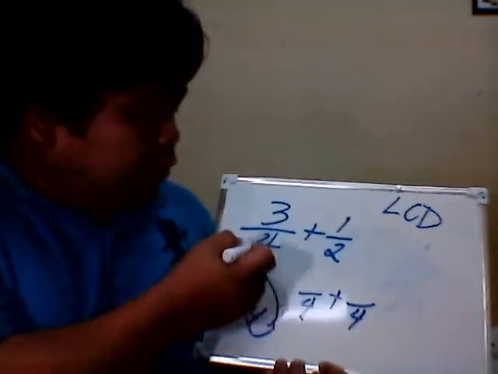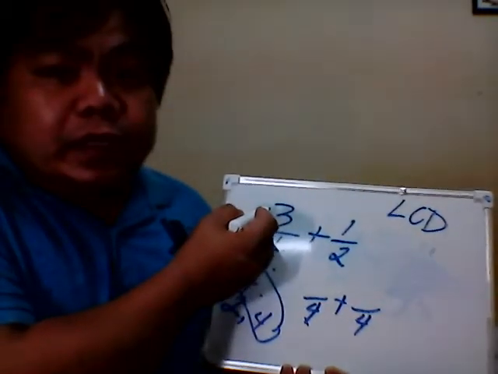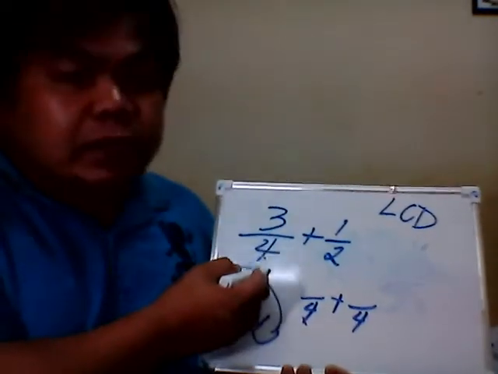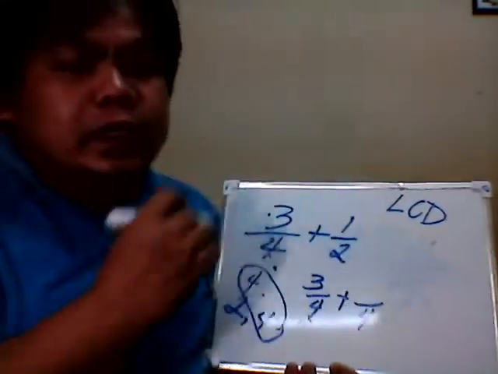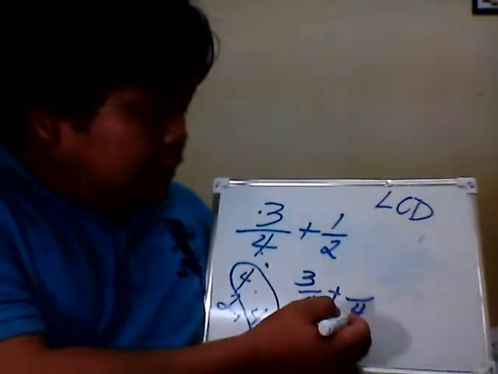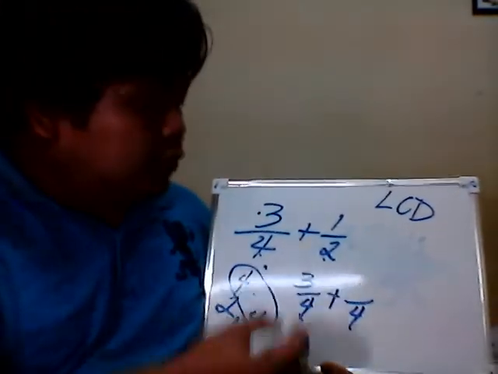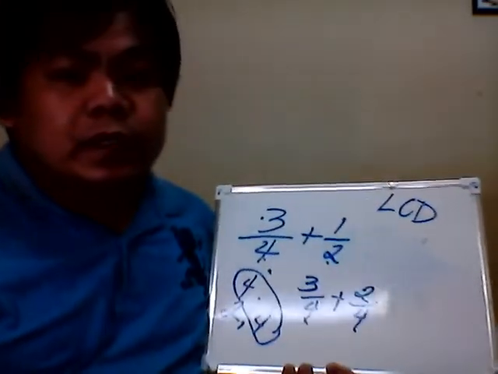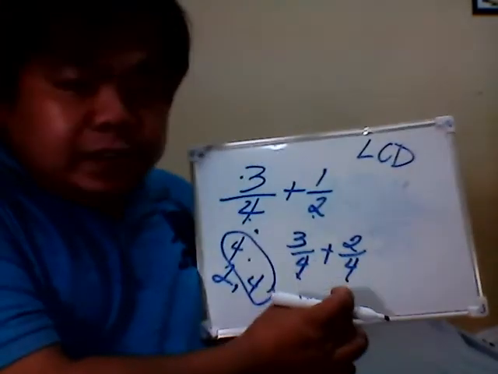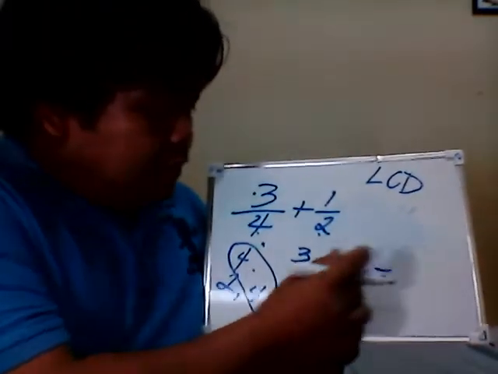And then after you divide this, you multiply it by the numerator. So 4 divided by 4 is 1, times 3, that would be 3. Next, for the second fraction, 4 divided by 2 is 2, times 1, you have 2. So, as you can see, our fractions are now similar.